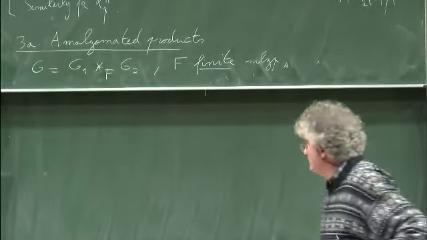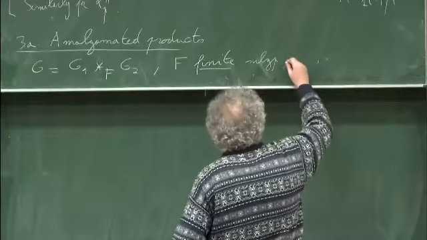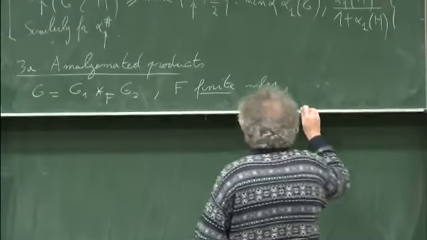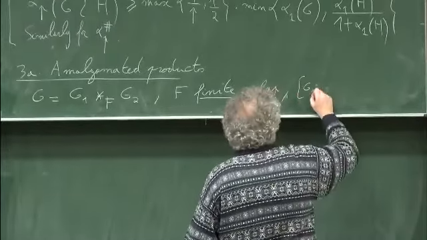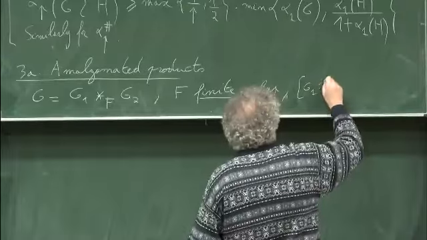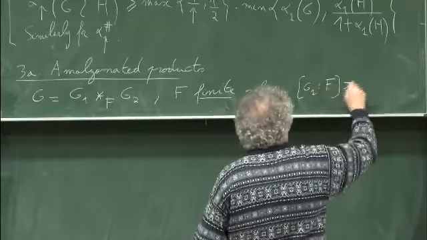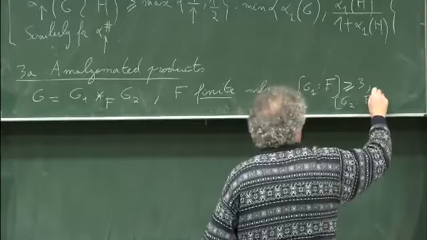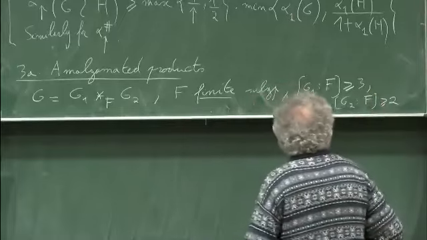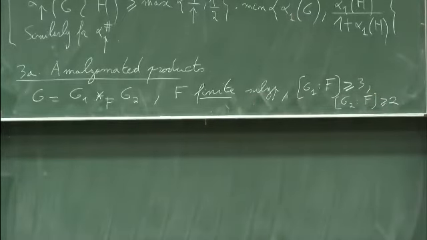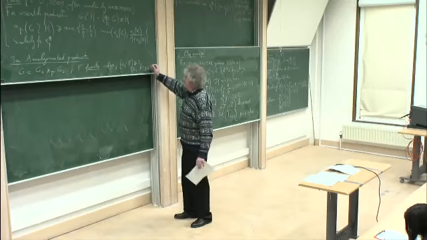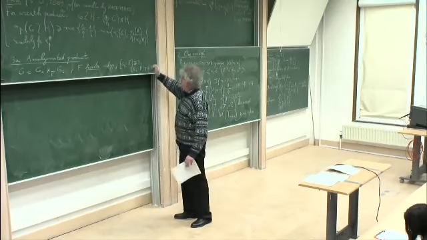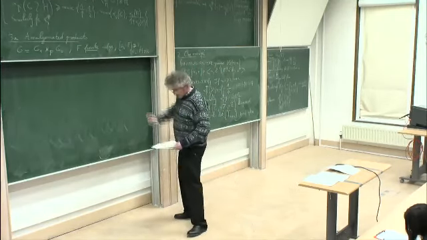And to avoid trivialities, we also assume that the index of F in G1 is at least 3, and the index of F in G2 is at least 2. If they are both 2, we get the infinite dihedral group, for which we know everything. In this case, this guarantees that the group is non-amenable.